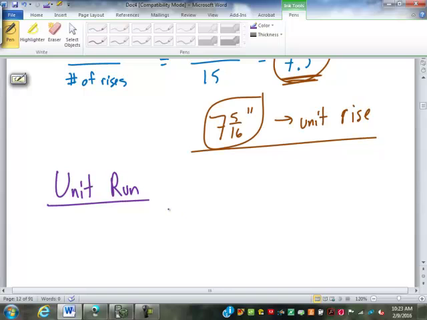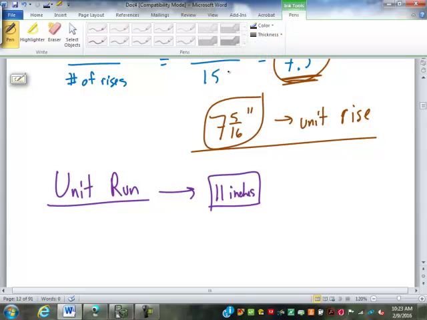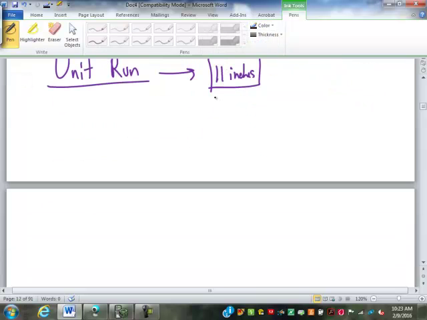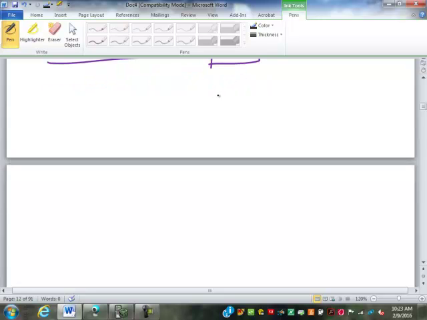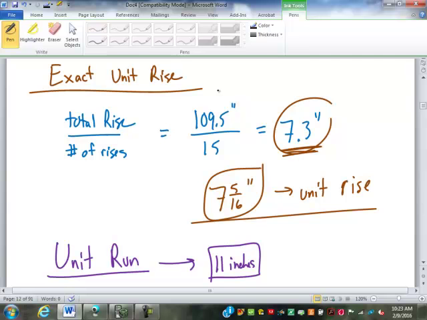Unless otherwise stated, that will be 11 inches. That's what you assume it as. So that is the first part of the journey, is figuring out what the exact unit rise has to be.